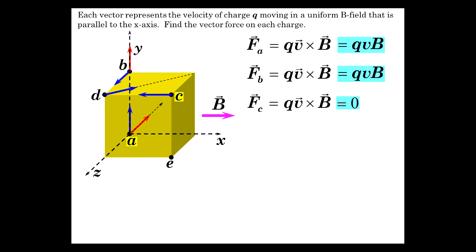For D, let's move kind of kitty corner across here. Now, we have QV cross B, which is QVB sine of 45. So here's B. The V is cutting off at an angle.